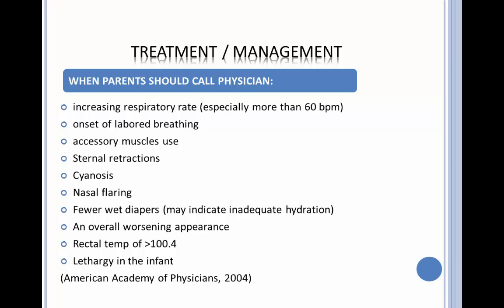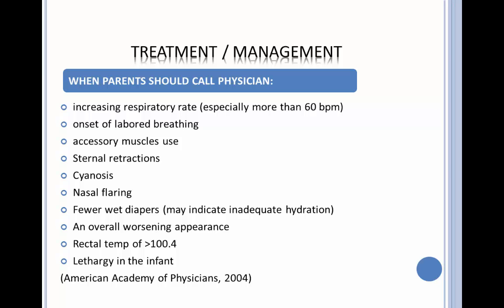When should parents call the physician, or when is there an indication for hospitalization? Of course, if there's an increased respiratory rate, accelerating respiratory distress, any ill appearance, cyanosis, lethargy, or fatigue, any apnea, any hypoxemia, any inadequate oral intake.